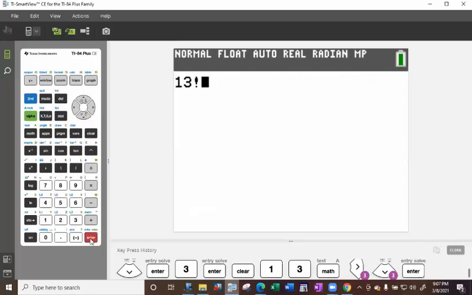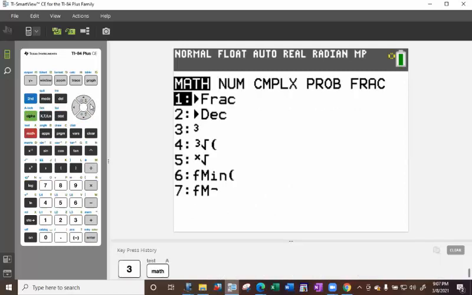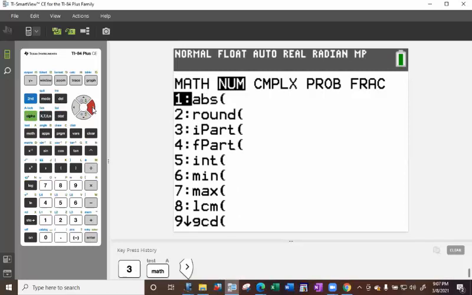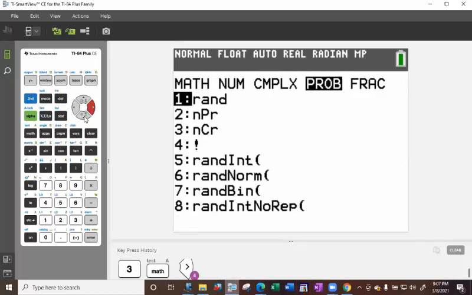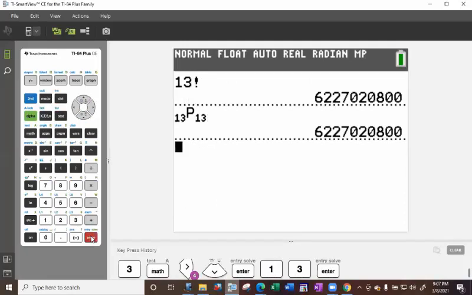If this ends up being the right answer, unless I'm misreading the problem. And for combinations, if the number is the same, the answer is 1. So let's try this. 62270.